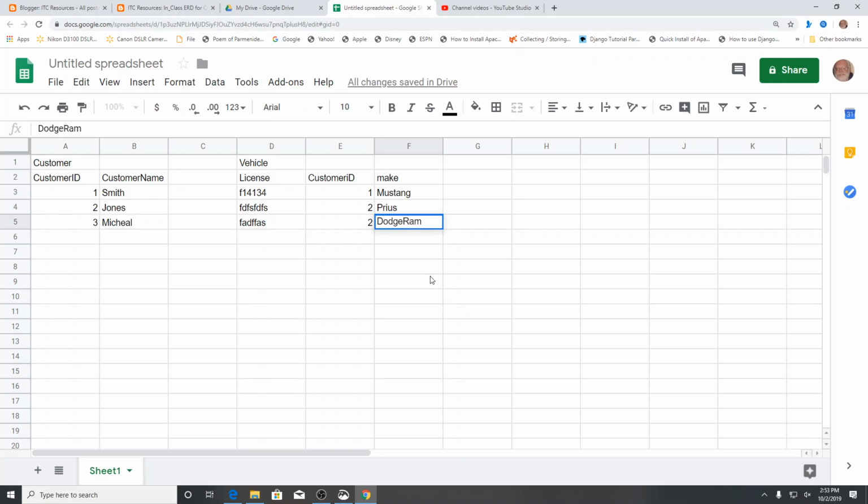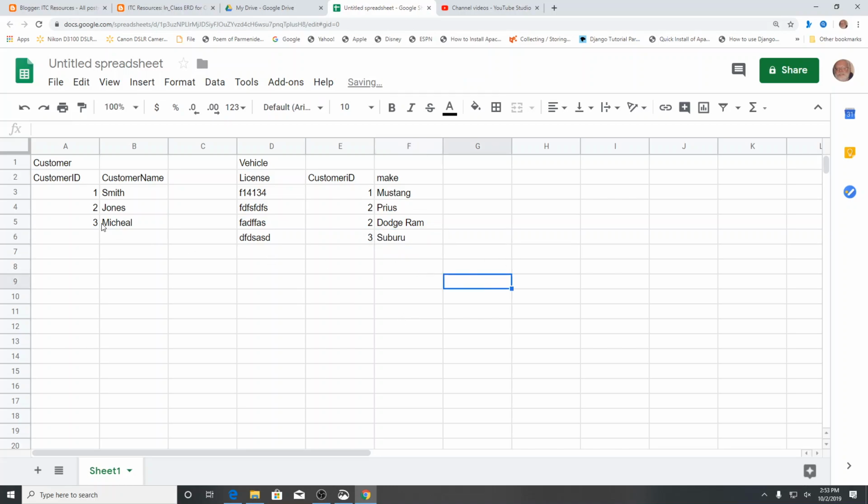Okay. So a Dodge Ram truck. And then we'll do another license plate and 3, and we'll just say a Subaru. Doesn't matter. Subaru.